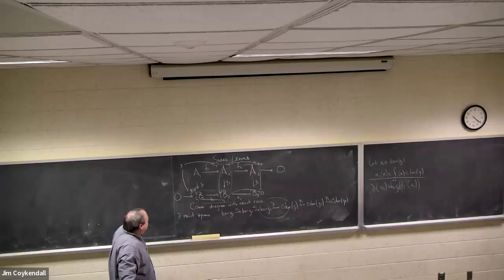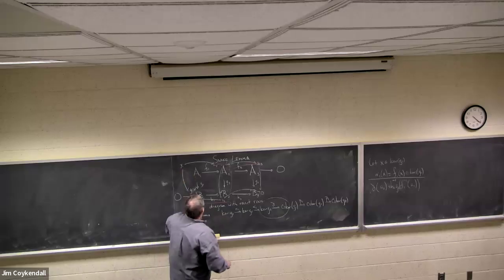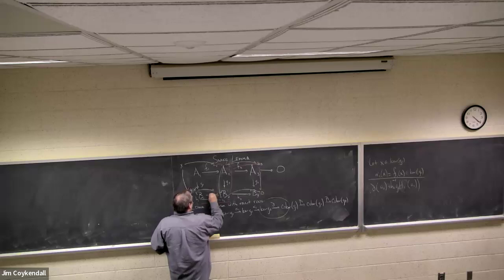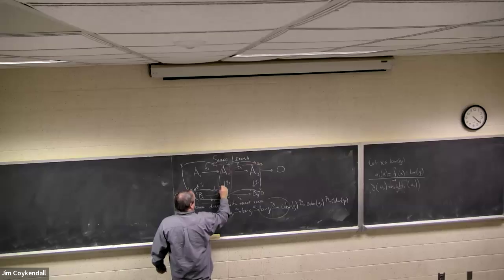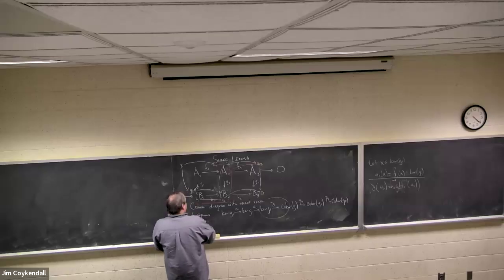Now, again, I want you to notice that G1X has to go over here too. See, X goes this way to B2 minus B2 prime.